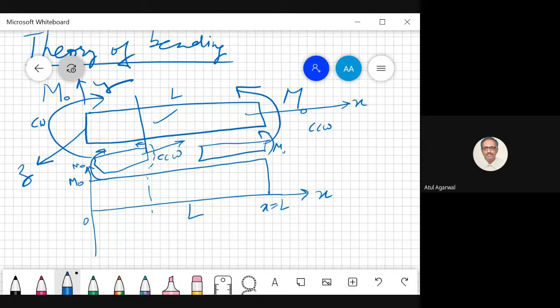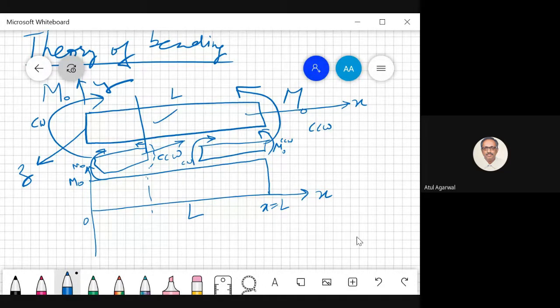Then this moment, which is caused by internal force, has to be counterclockwise to equilibrate this beam. Again, you see area normal is negative, this moment is negative, so two negatives make a positive bending moment. Take any position anywhere, you get the same. So this is a case of pure bending.